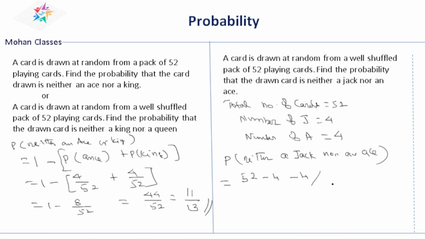Divided by 52, right? So that is it. Here also you will get 44 by 52. That is equal to 11 by 13 is the answer. Okay.